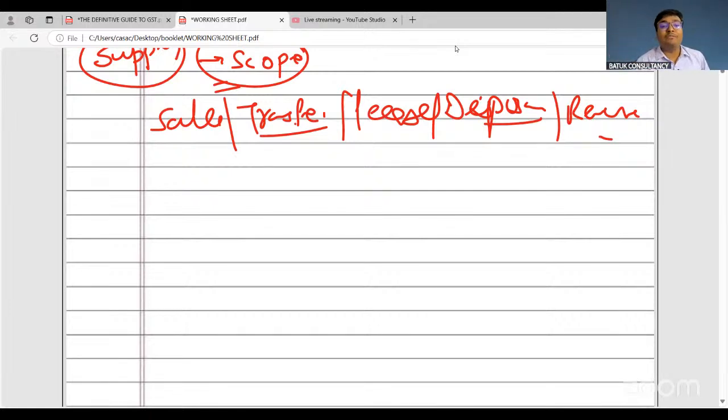Or whenever someone is going to provide something on rental, then also the same will be treated as supply. Conclusively, the government wants to say that whenever there are goods or services, and someone is going to transfer these things, that will be treated as supply.